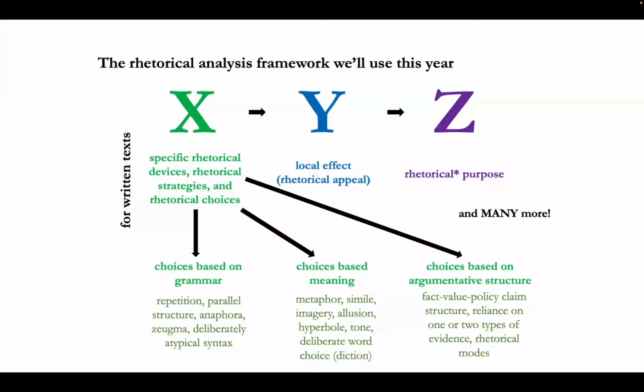So the important thing to take away here is that rhetorical modes are X pieces. They function just like all the other rhetorical choices that you've learned about so far. For example, you might have a narrative, a story, the rhetorical mode of narration, that makes the audience feel an intense sense of sadness for the person who had to go through whatever the story said they did, which then in turn helped to convince an audience that the world should be different so people don't have to go through that sort of thing, right?